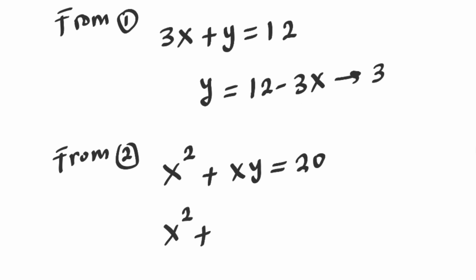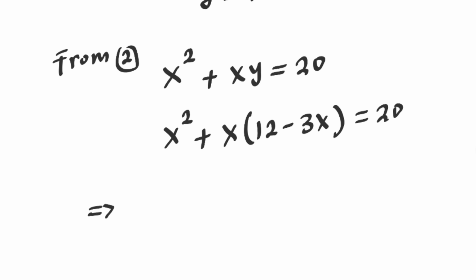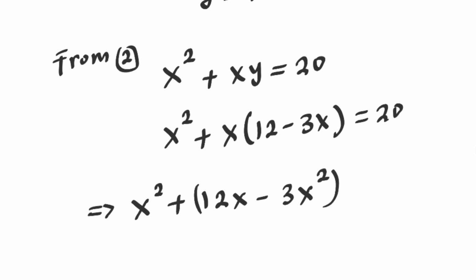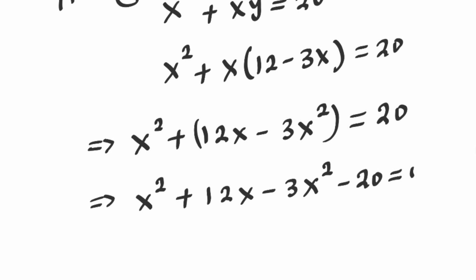x squared plus x bracket 12 minus 3x is equal to 20. x squared plus x multiplied by 12, that will give 12x, then x multiplied by minus 3x, that will give minus 3x squared, is equal to 20. x squared plus 12x minus 3x squared minus 20 is equal to 0.